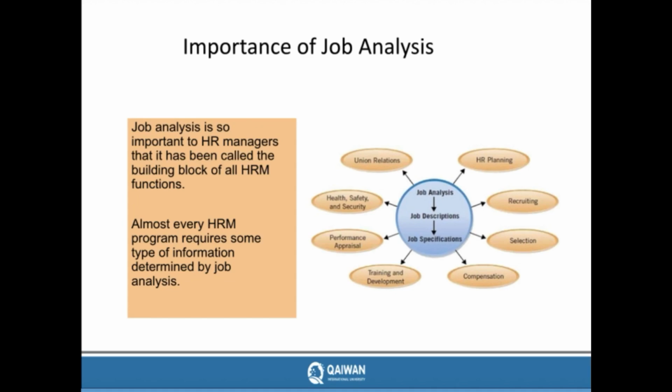Job analysis also helps to identify the risks in a job and how to protect employees from these risks. Even in union relations, job analysis is important because it clearly defines the role, responsibility, and expectations, reducing conflict between employees and management.